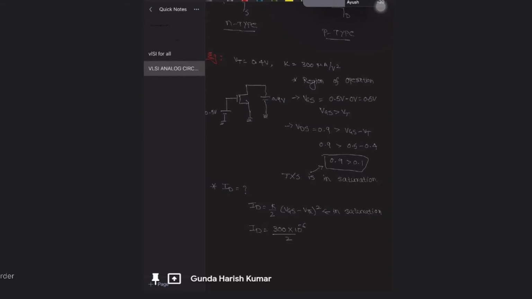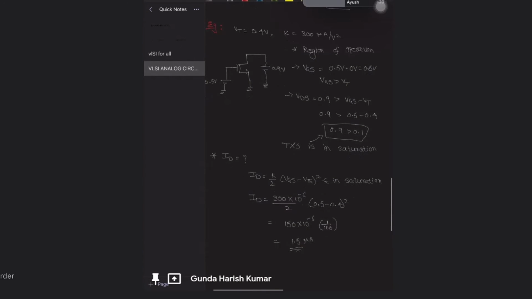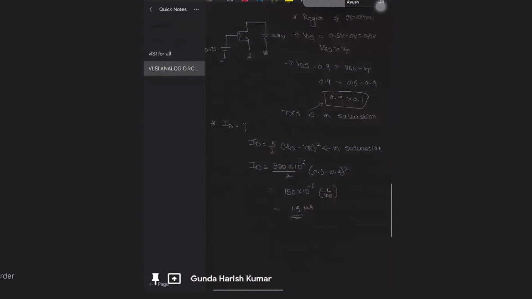So K is 300 microamps, VGS is 0.5, VTH is 0.4. So 150 into 10 power minus 6 into 0.1 whole square, that is nothing but 1 by 100. 1.5 microamps. So it is in saturation, so current is 1.5 microamps.